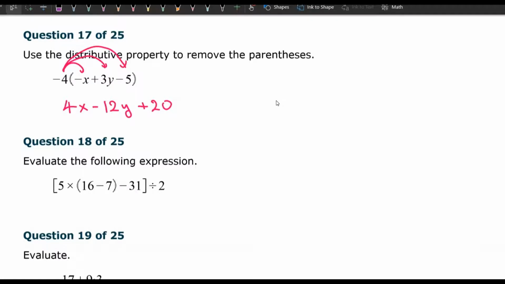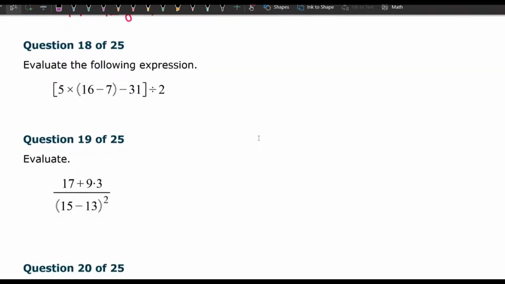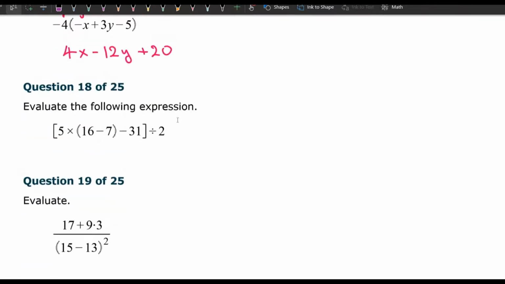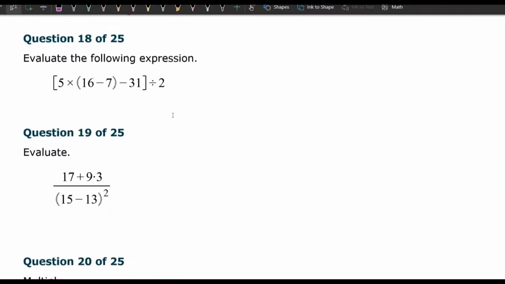Number 18. We're going to follow PEMDAS. 5 times 16 minus 7, minus 31 divided by 2. We work inside the parentheses first. So 16 minus 7. I will write on this side so I have more space.